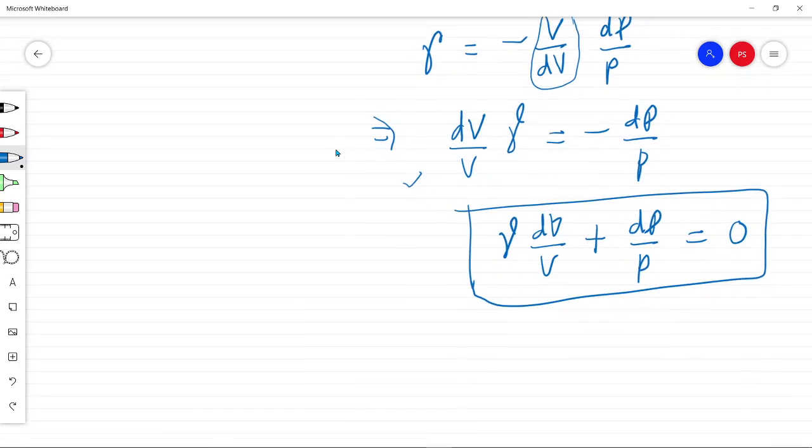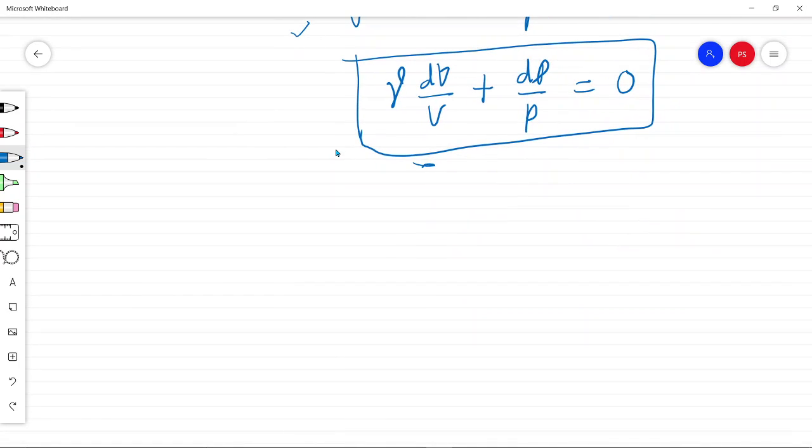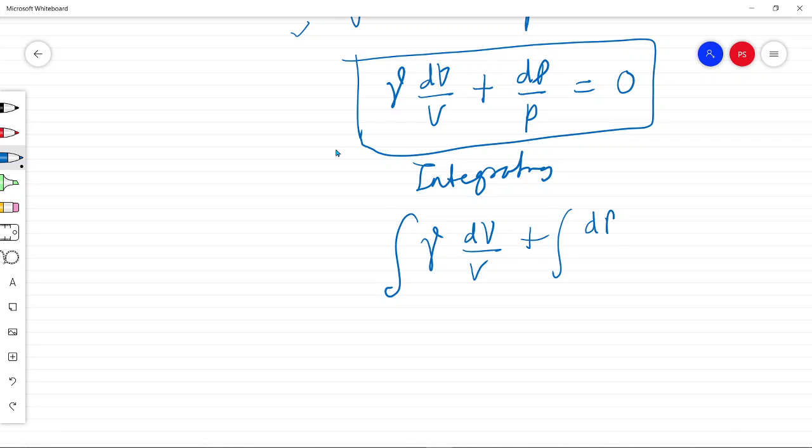Now since we have separated the variables, we can integrate this equation easily. Integrating, integral gamma dV by V plus integral dP by P is equal to some constant of integration. Let us denote this constant as k.